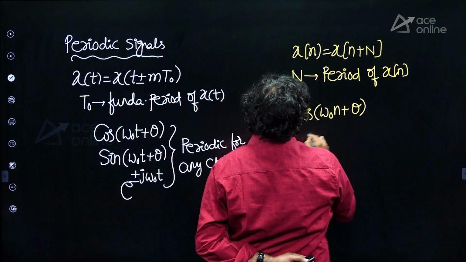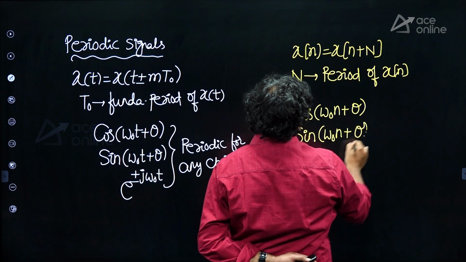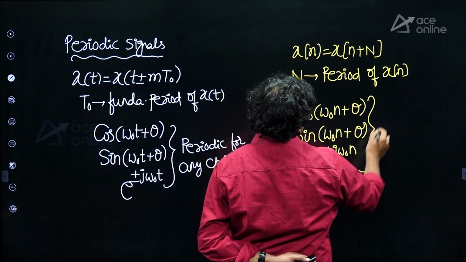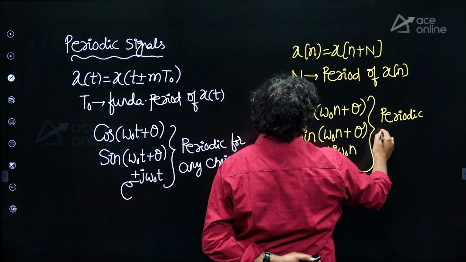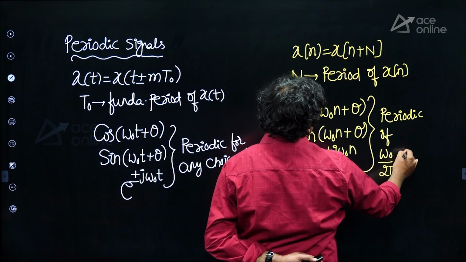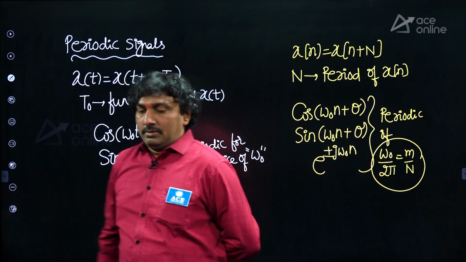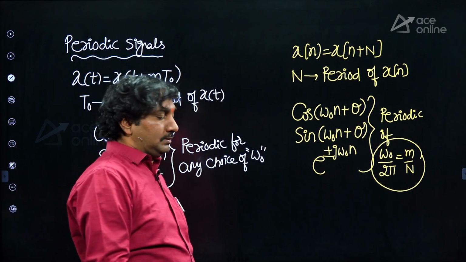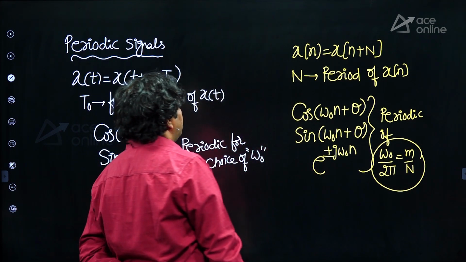Cos omega naught n plus theta, sin omega naught n plus theta, or e power plus or minus j omega naught n are periodic if and only if, compulsory, omega naught by 2 pi ratio is a rational number, m by capital N. You are aware, GATE 24, you got a model related to this, with respect to a discrete signal.